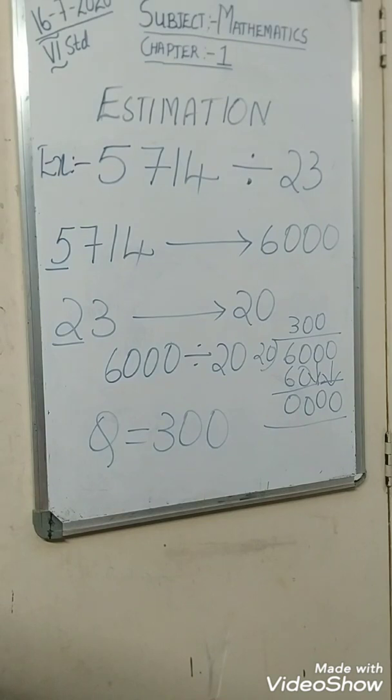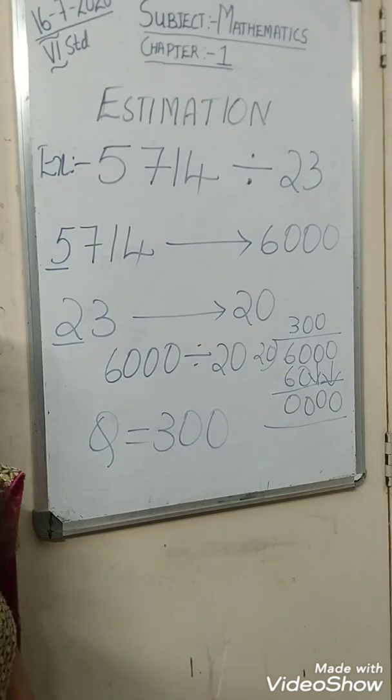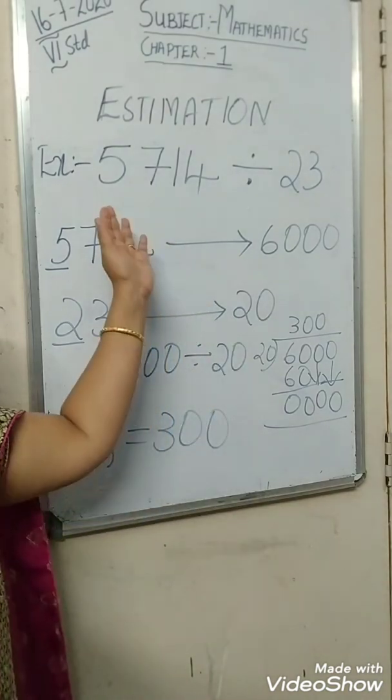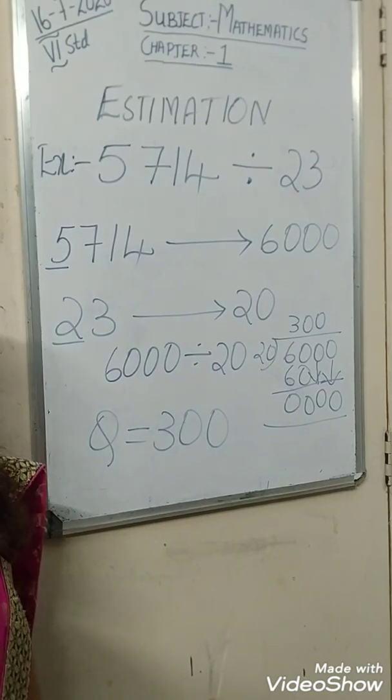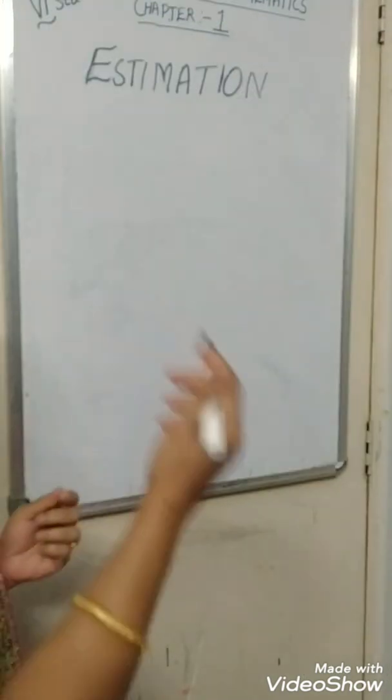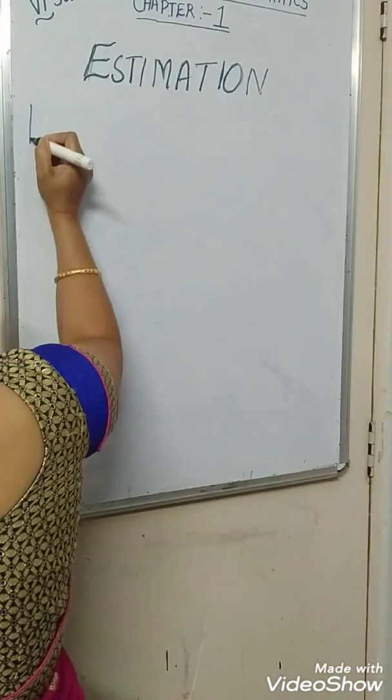So did you understand? We have learnt about addition, subtraction, multiplication and division after estimating. Is it clear, children? Now let's see the next example.